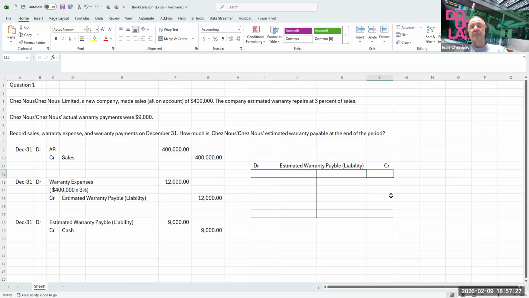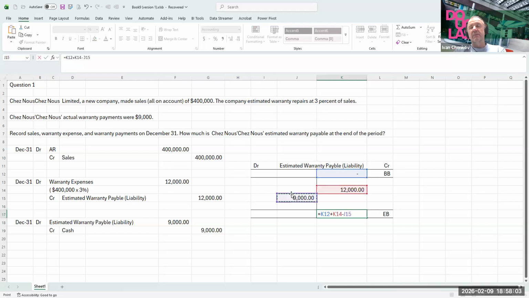The beginning balance for this account was 0. Then we added on December 31st, 12,000 on the credit side. And after that, we debited the account with 9,000. So the ending balance for this account will be equal to 0 plus 12,000 minus 9,000.